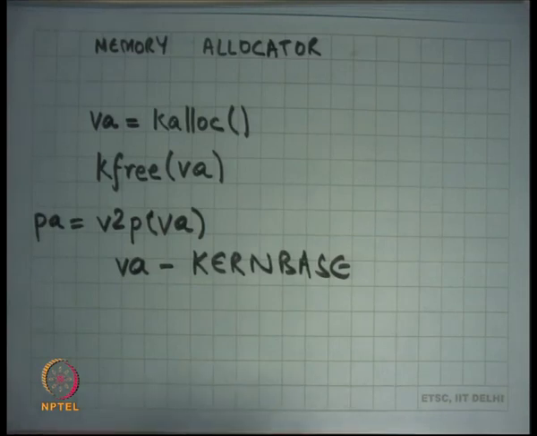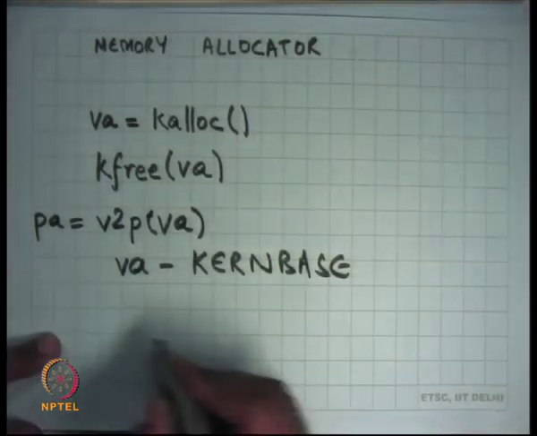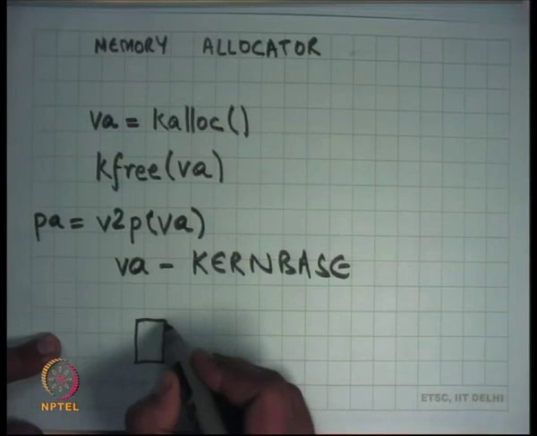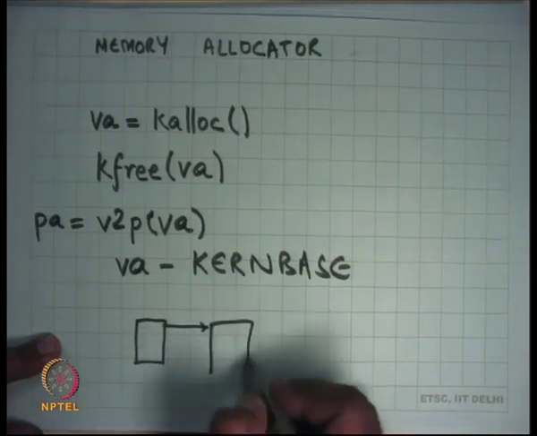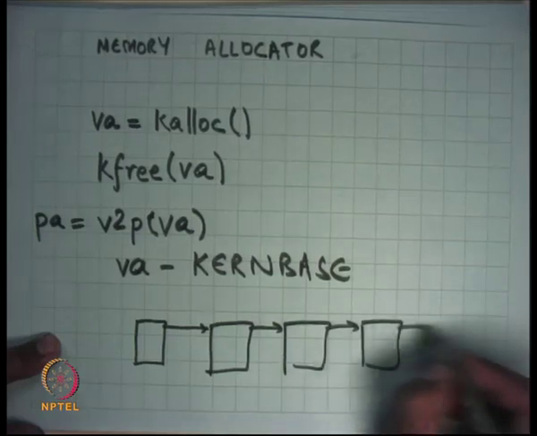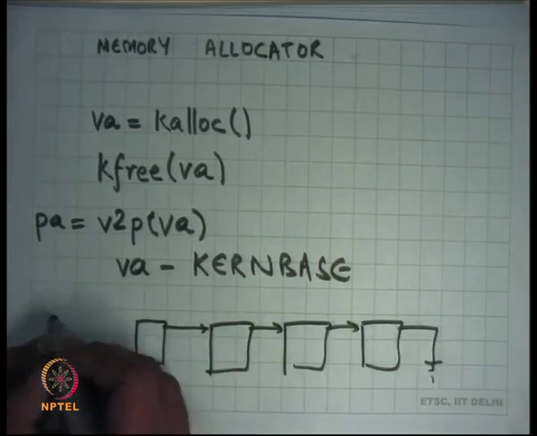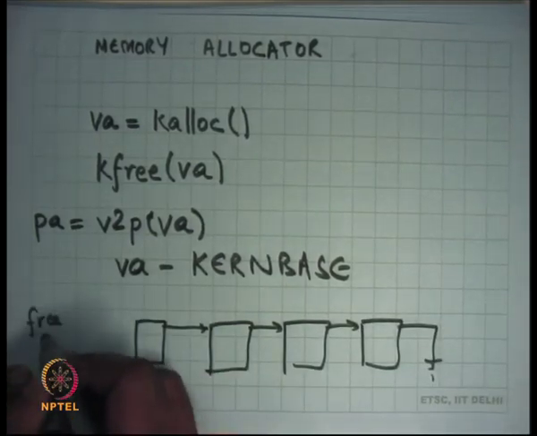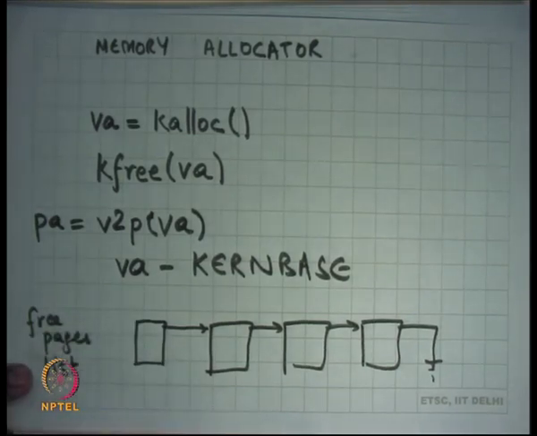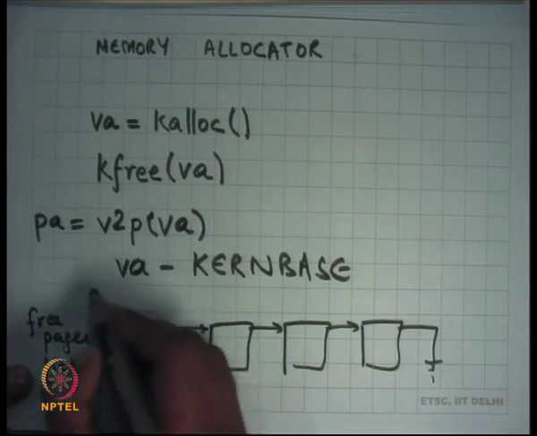So how is this typically implemented? Well, internally the kernel maintains a list of free pages, just a linked list of free pages, and let's say it's pointed to by some head pointer.